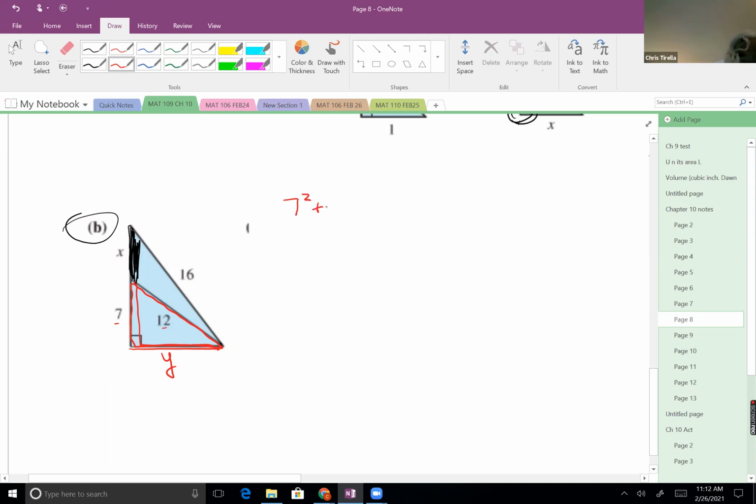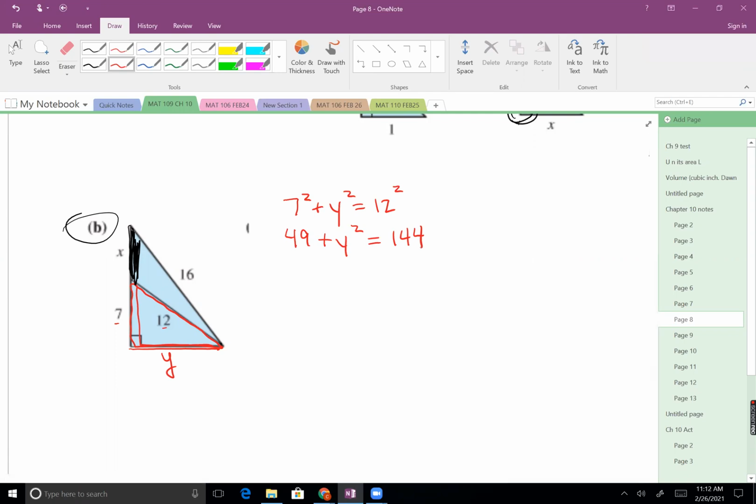7 squared plus y squared equals 12 squared. 49 plus y squared equals 144. Now what would you guys do? Square root the 49 and square root the 144. Not quite. We want to get that y all alone before we square root.